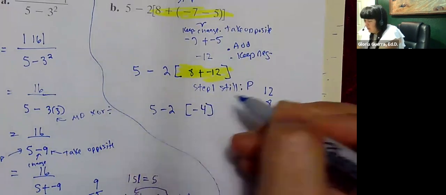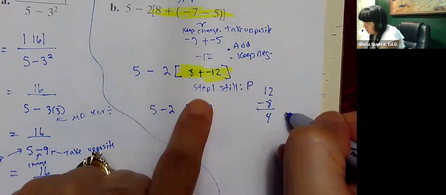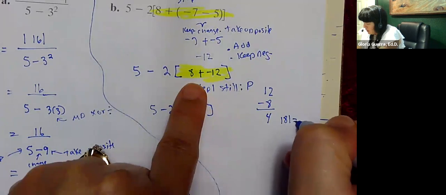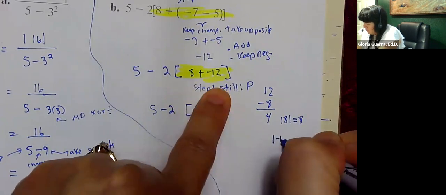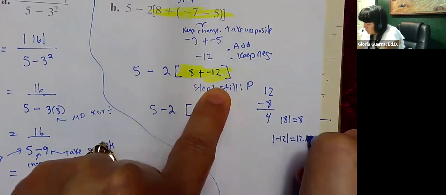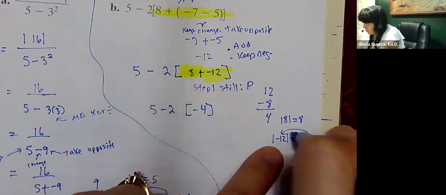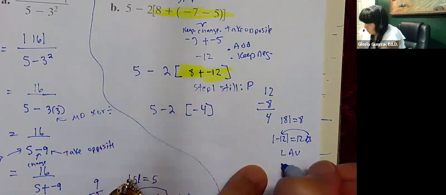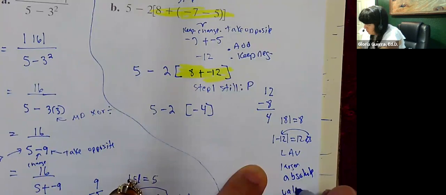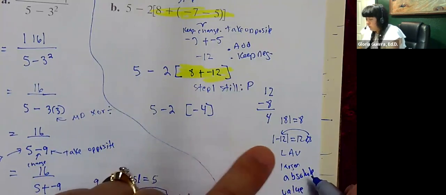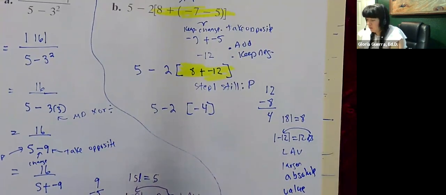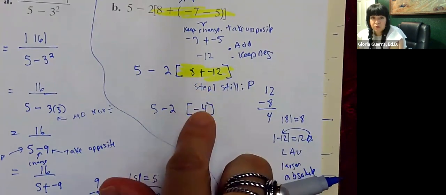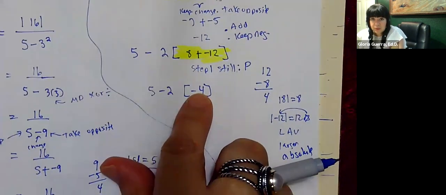The reason it's negative is because the absolute value of 8 is 8 and the absolute value of negative 12 is 12. This one has the larger absolute value, bigger distance. So when you're adding two numbers with different signs and they're competing for signs, you have to honor the one with the bigger distance.